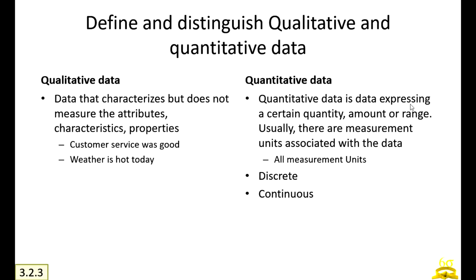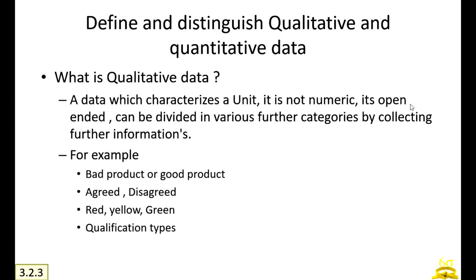Now let me share a brief on each of these two. What is qualitative data? Broadly, it is data which characterizes a unit of measurement and is not numeric. It is open-ended, and you cannot conclude anything from it.